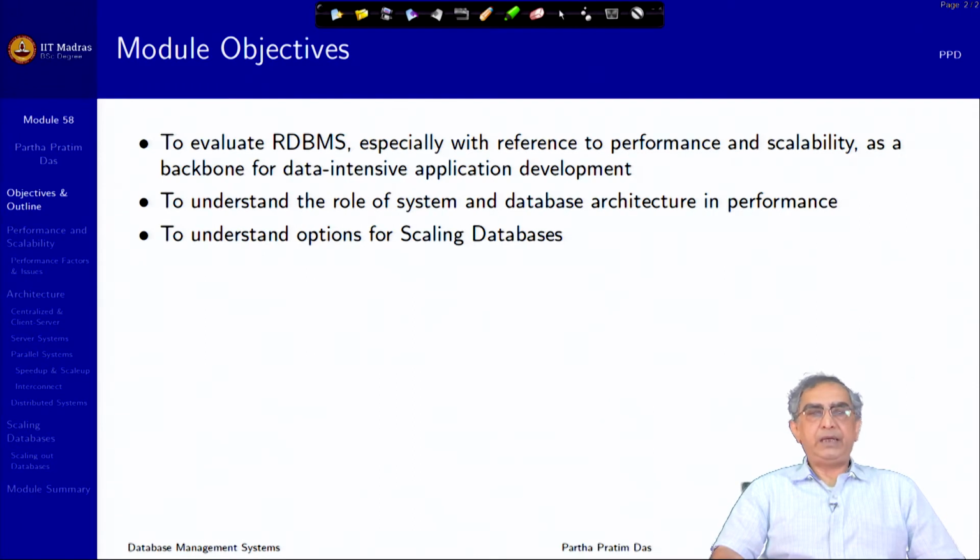Now, overall, let us see with reference to performance and scalability, how does RDBMS perform as a backbone for data intensive applications.